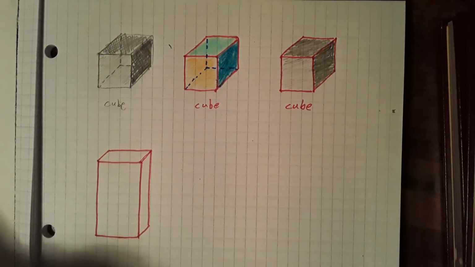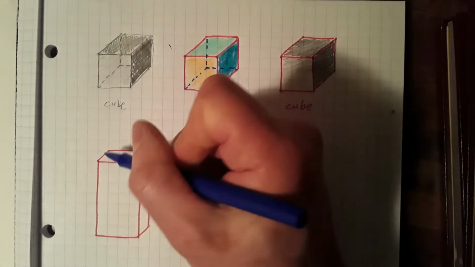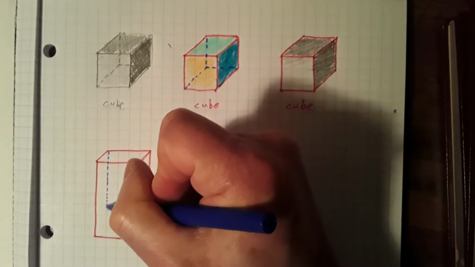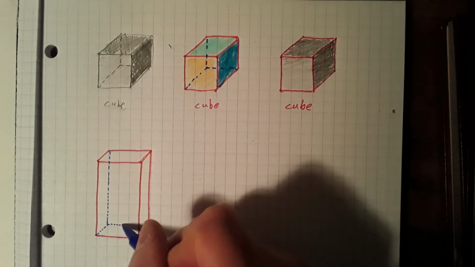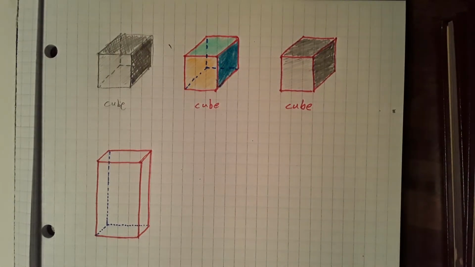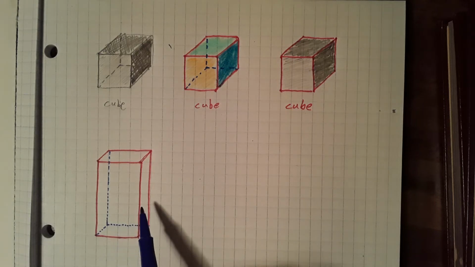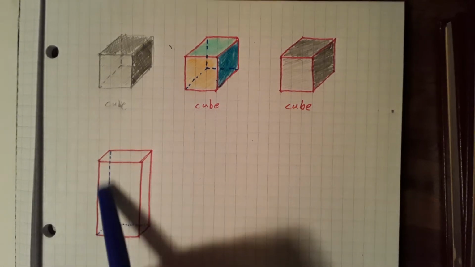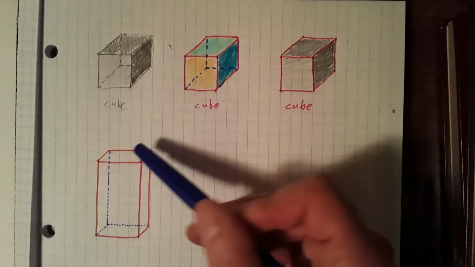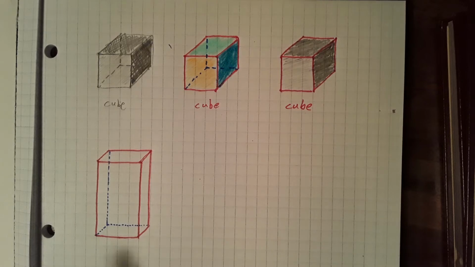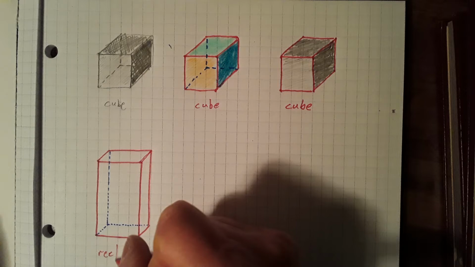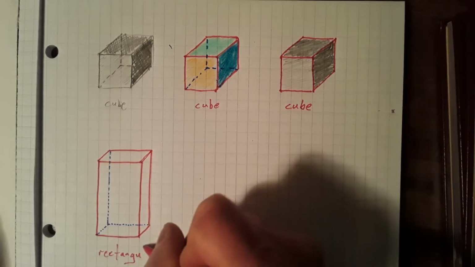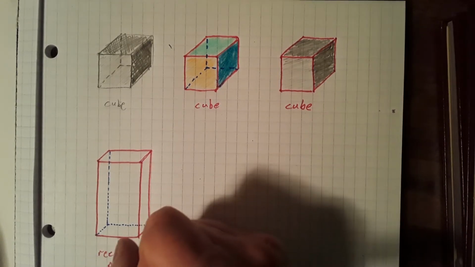So we should dash in, indicating the other faces. So we have a front and a back, identical rectangles, a left which is hidden, and a right side, and then a top and a bottom. The fancy name is the rectangular prism.